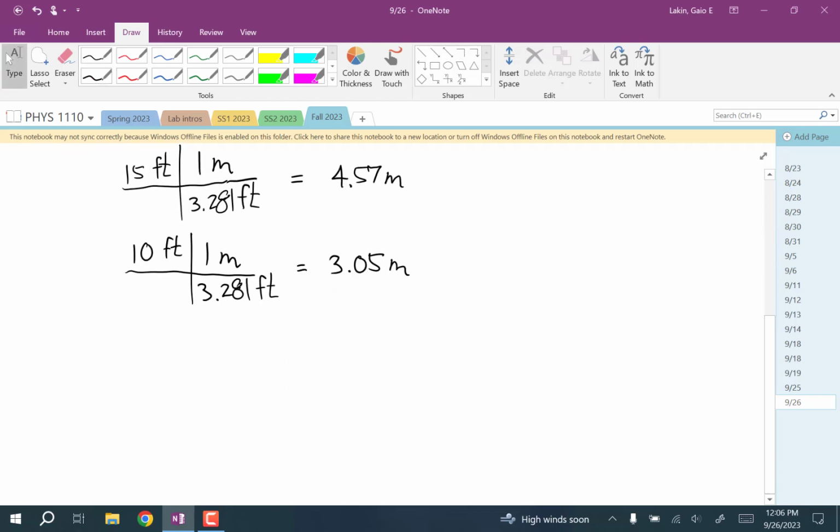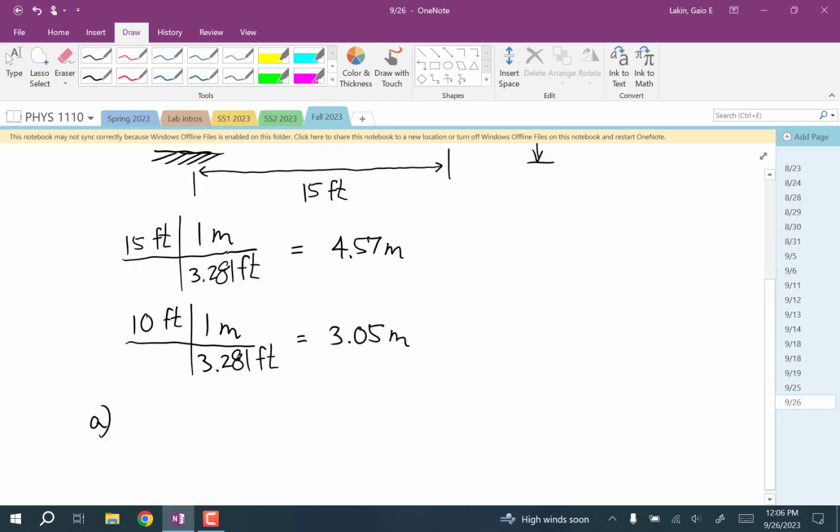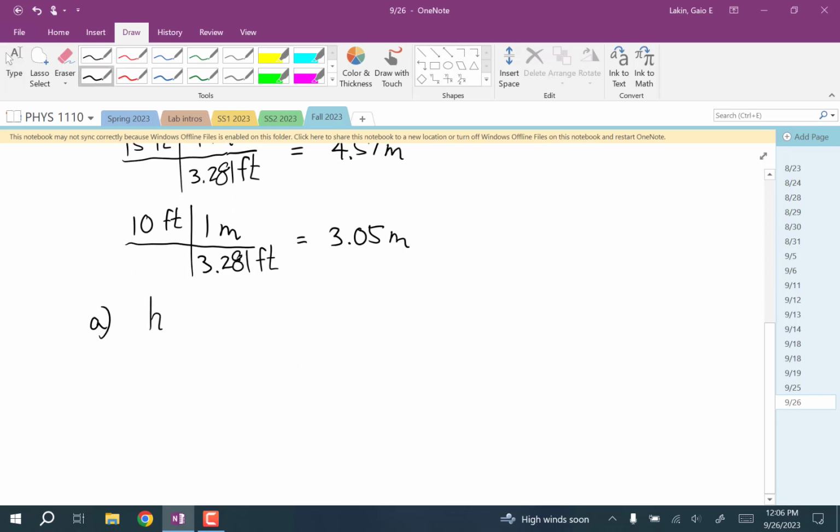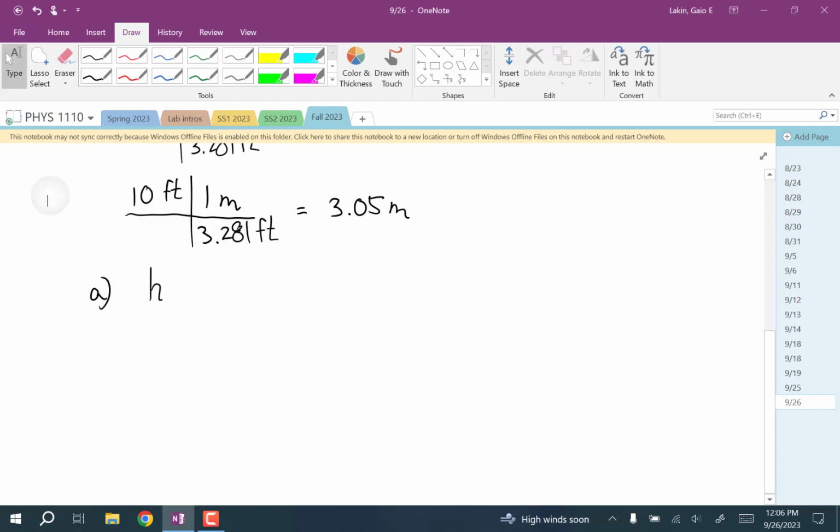Okay, so for the first part of the question, it's asking for that height h. So we'll choose our time equals 0 to be when it's shot, and our time final to be when it reaches the basket.